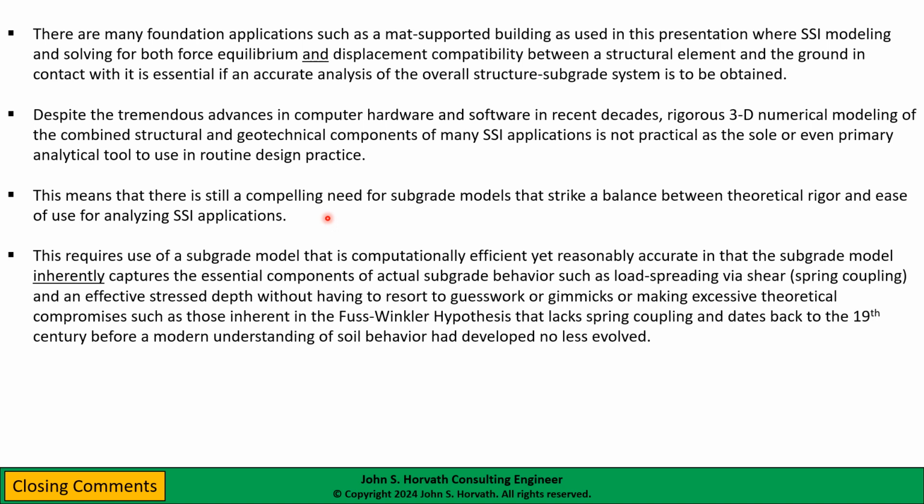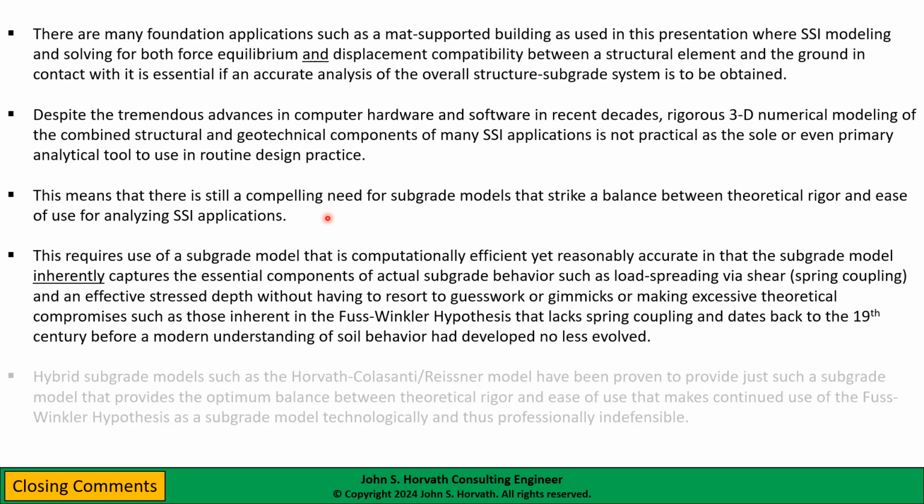You come up with the model parameters that inherently build the spring coupling and the significant stress depth into the model parameters. You put them in a structural analysis software. There is no guesswork anymore. The coefficient of subgrade reaction is back to where it always began and always belongs. It is a calculated outcome. It is not an input parameter.